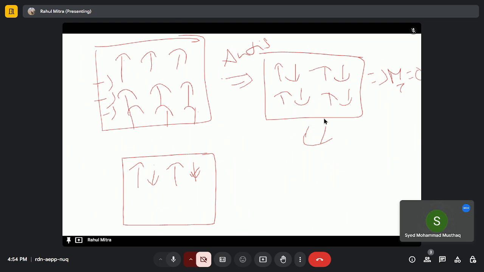I mean, if one spin is plus half, the other spin is minus half. So we have some magnetization here. The only time the magnetization is 0 is for antiferromagnetism.